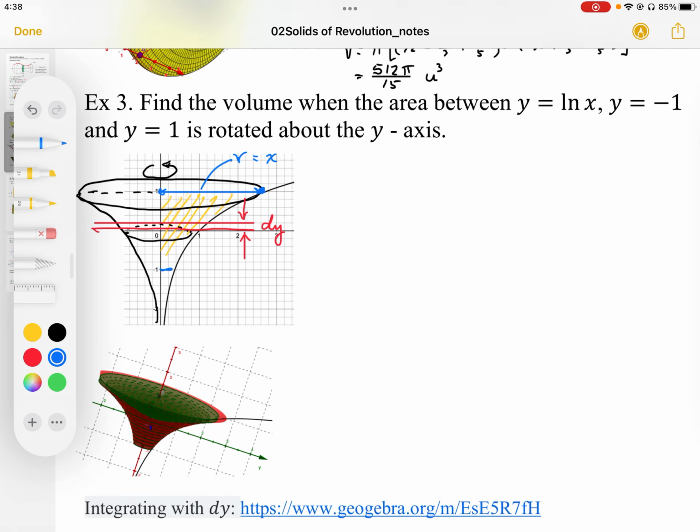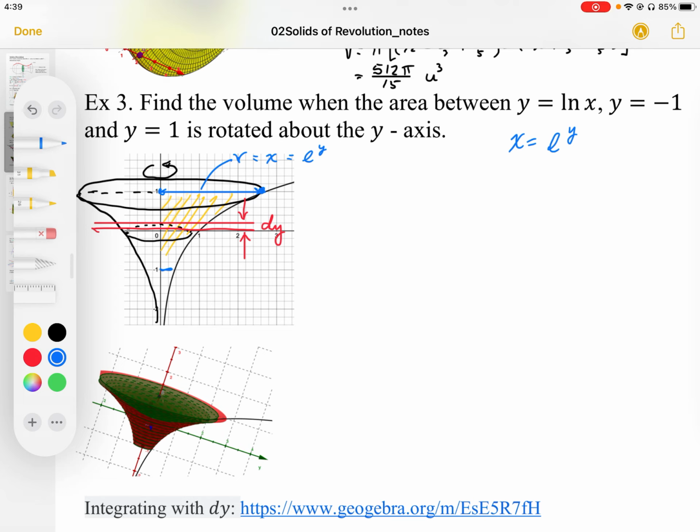So instead of using y equals log x, really I need an x equals equation because I need my radius in terms of length of x expressed with the variable y. So I'm going to rearrange this, and I'm just going to rewrite it in its exponential form. And what this does is that it now allows me to express the radius in the horizontal direction.